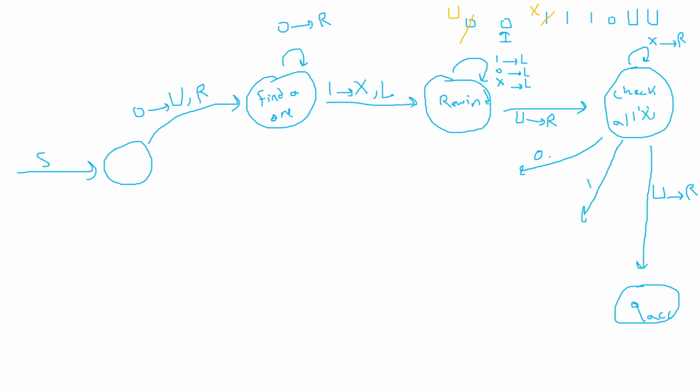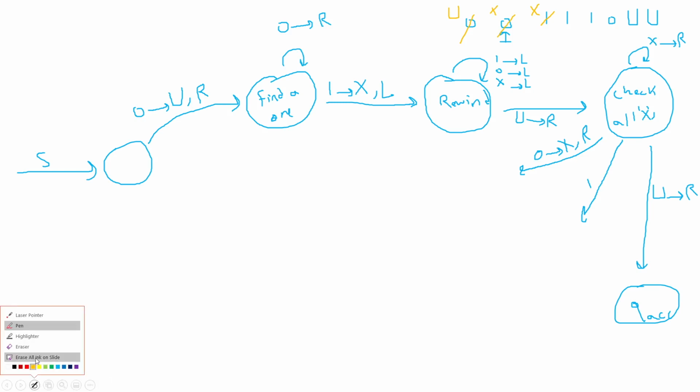Right now we're focusing on the zeros. So if I read a 0, it obviously has to be replaced with an X, and I move to the right. This is the very first element after the blank that has not been crossed. Just this one. So cross it with an X, and I move to the right.